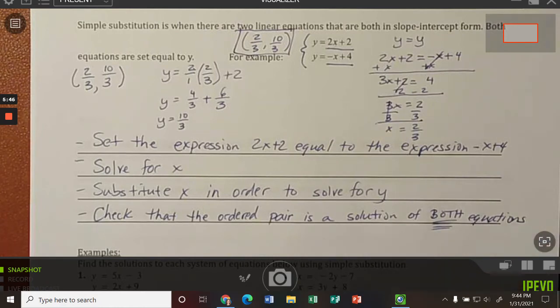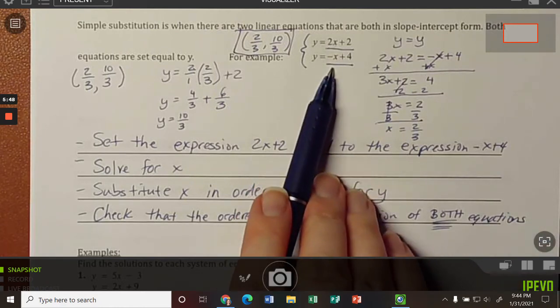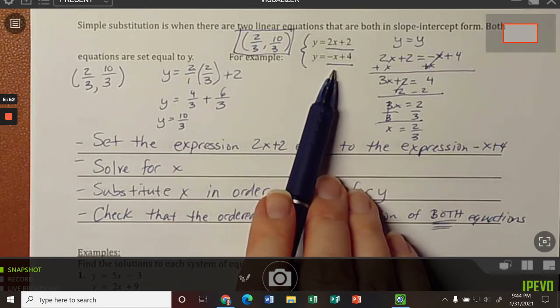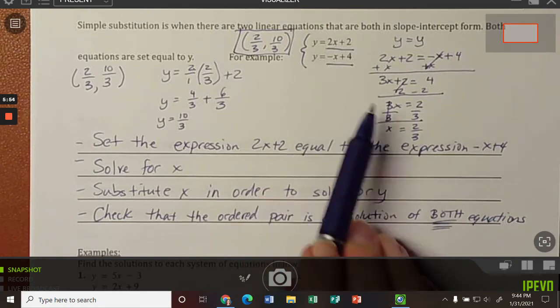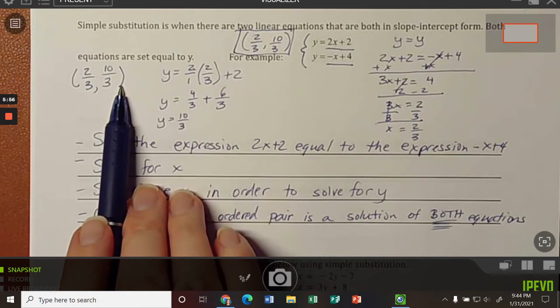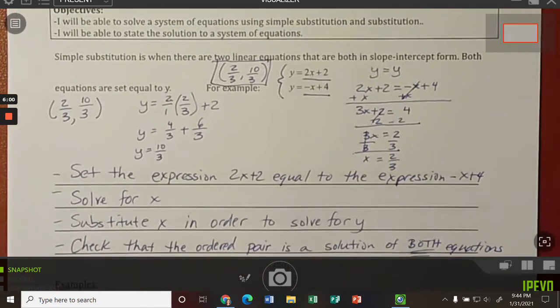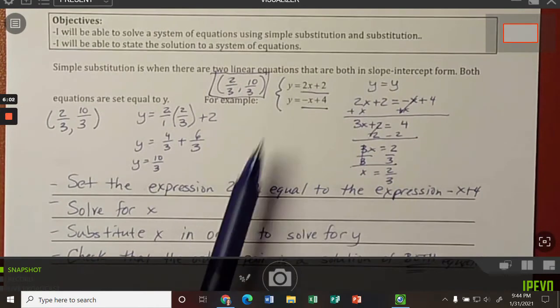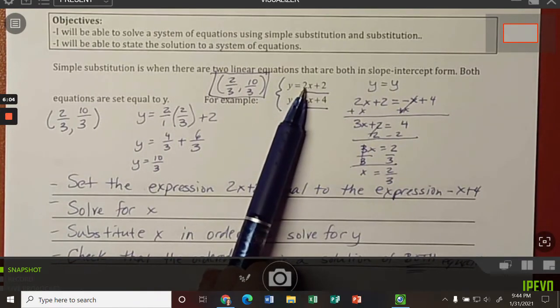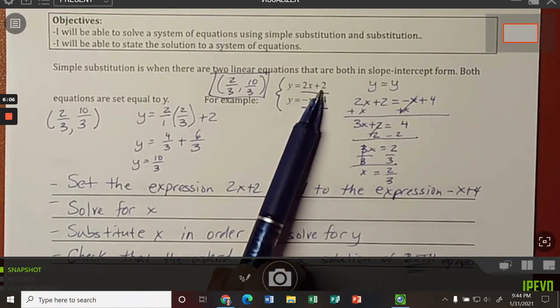Okay, because remember, this is a line, and we want to make sure that we get the point of intersection. So the point has to be a solution for both equations in order to be a solution for the system of equations. So it's not enough for it to just work in one equation. It has to work in both equations, okay?